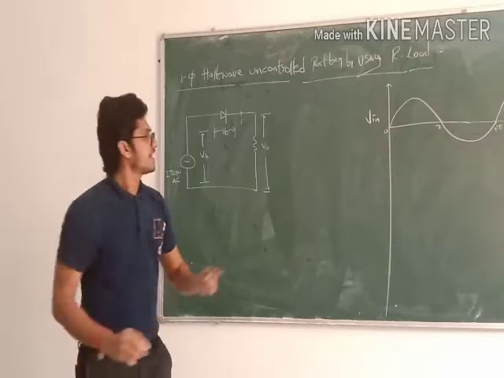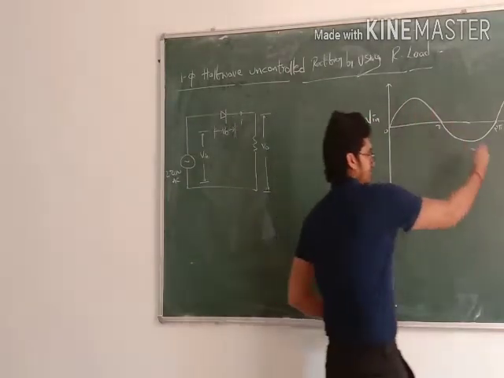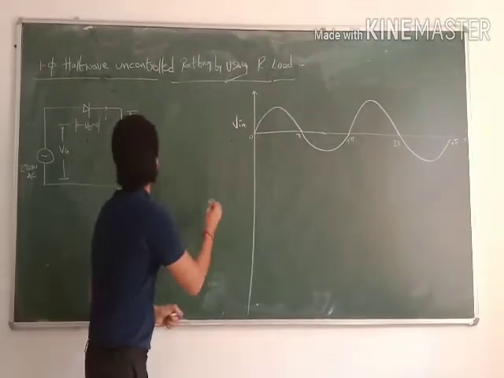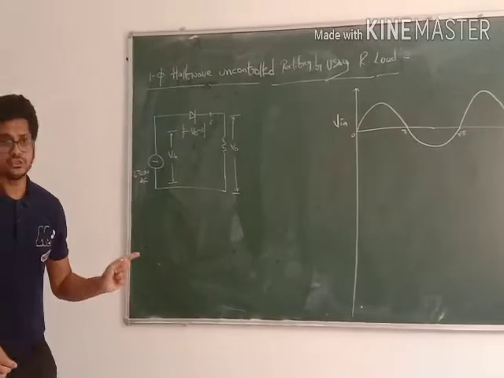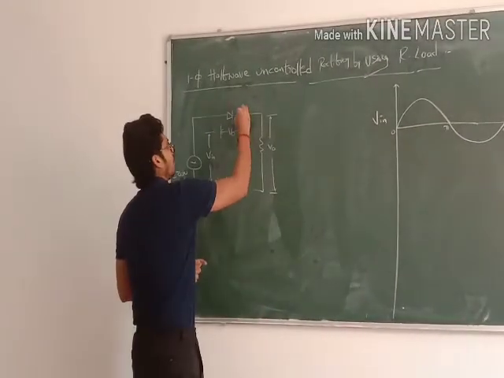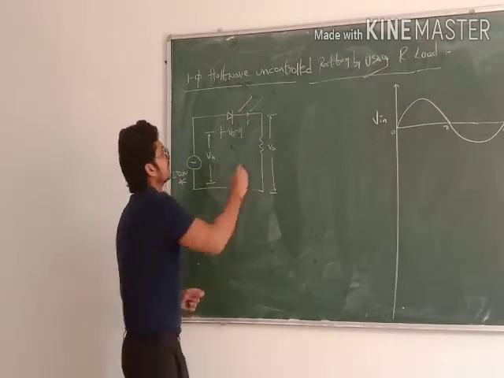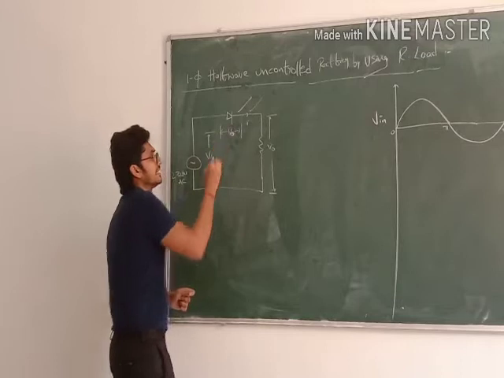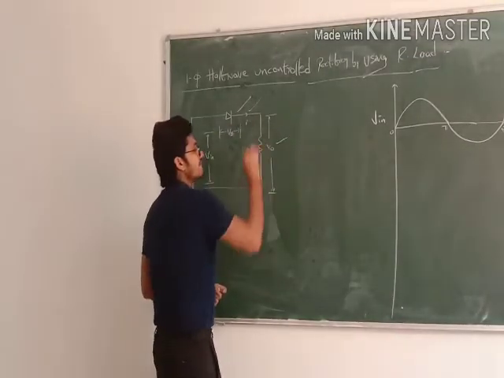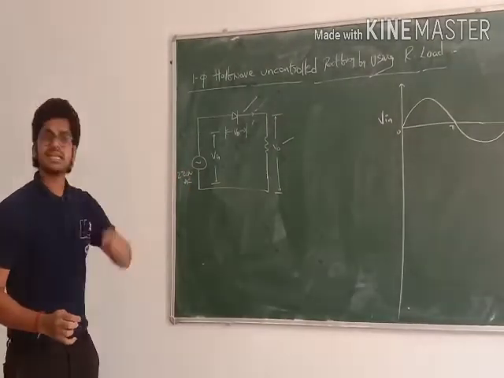Now, according to the circuit, I have to draw the remaining waveforms of V0 and the current in the circuit. It is not V0, it is called VD. The VD is nothing but the voltage across the diode. And one more is V0, the DC value, the voltage across the resistor.